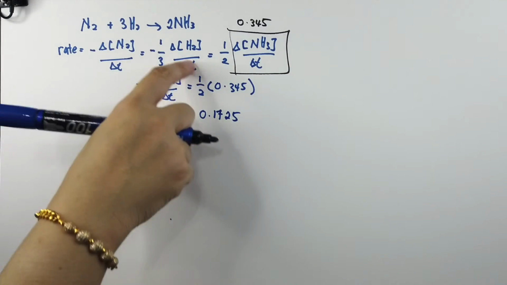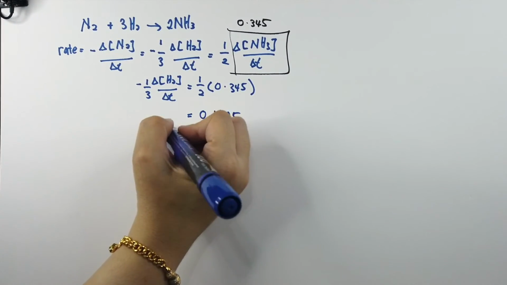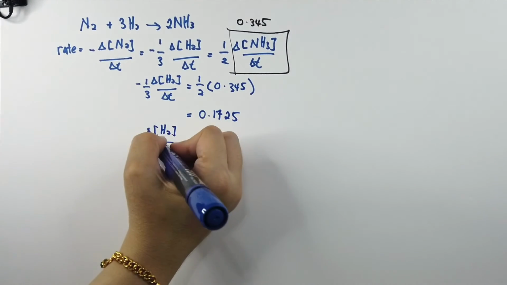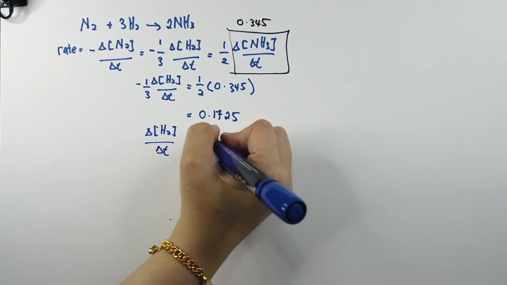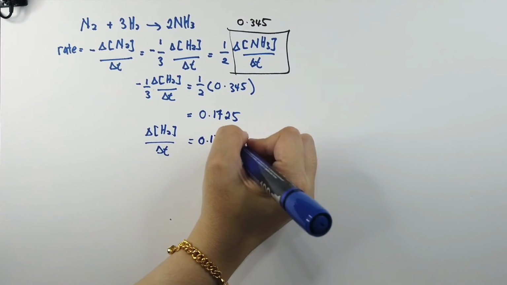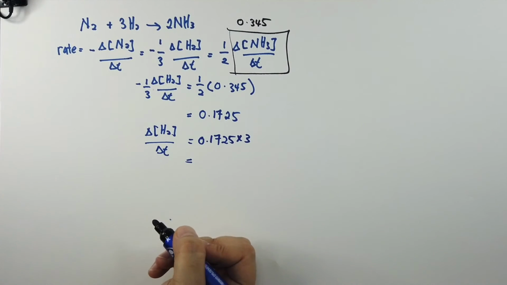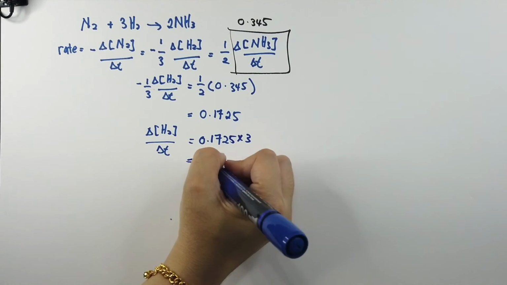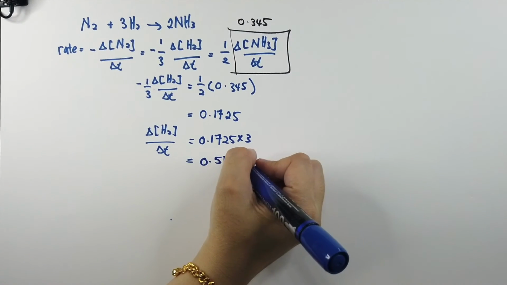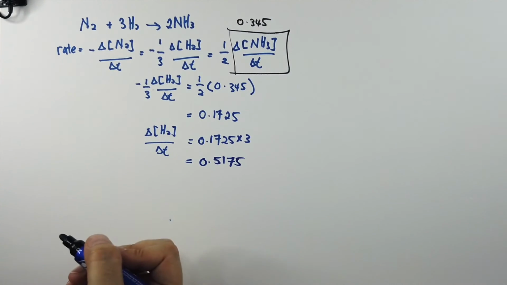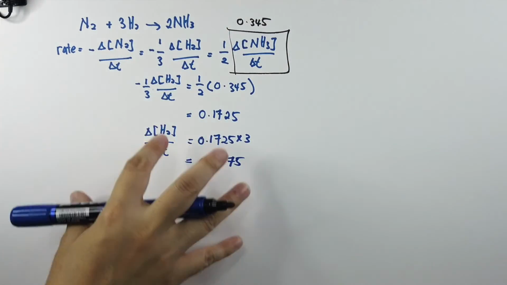Right, but you were asked to calculate the value for delta H2 over delta t, so you need to bring this up. 0.1725 times 3, you shall get 0.5175. Alright, and then you need to check again the sign.